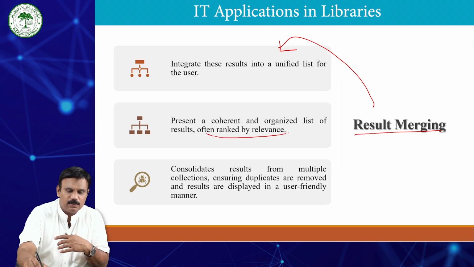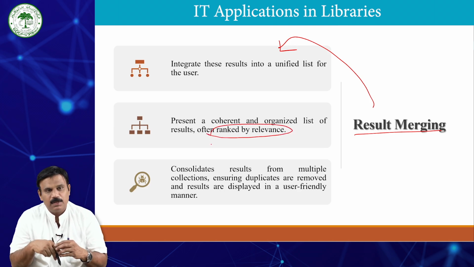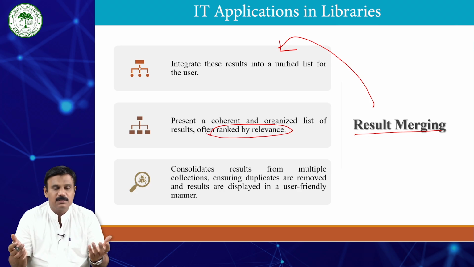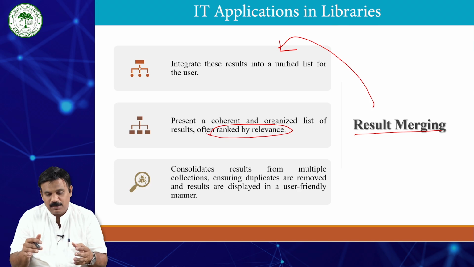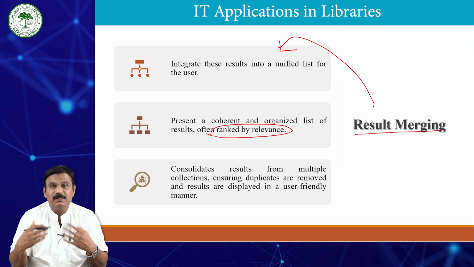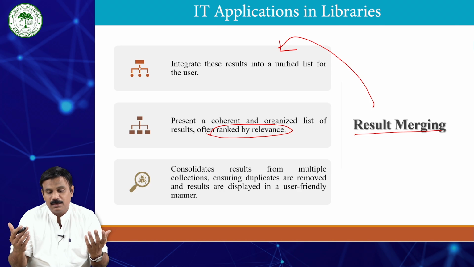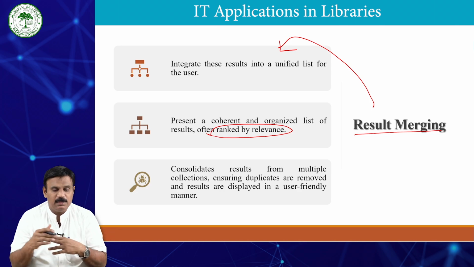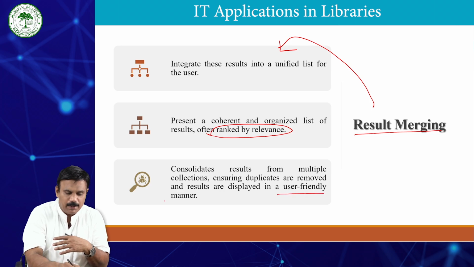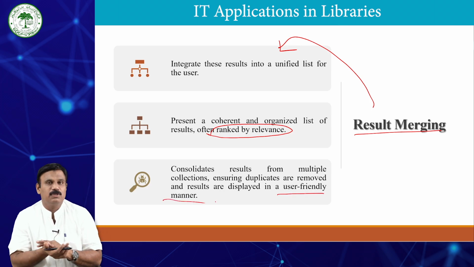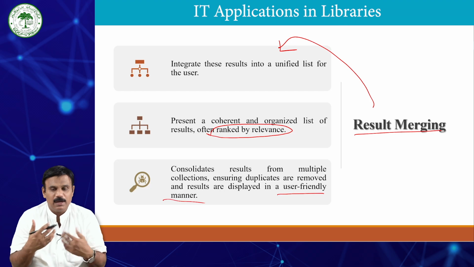It also consolidates results from multiple collections, ensuring that duplicate content is removed and the results are displayed in a user-friendly manner. So in any federated search, you will be able to have the results in a user-friendly manner.